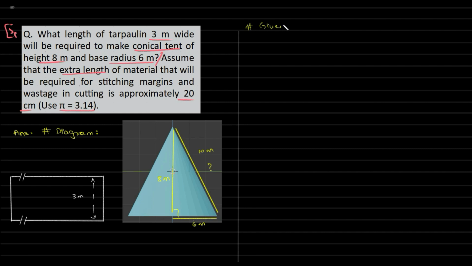So that's what they're talking about when they talk about the length of tarpaulin being 3 meters wide. Now, the tent radius is 6, then the height is 8, and the width of the cloth is 3 meters.